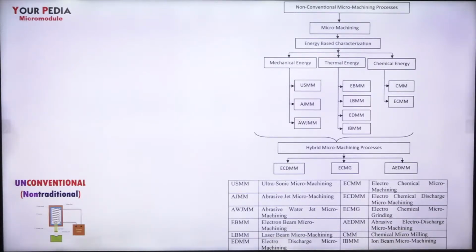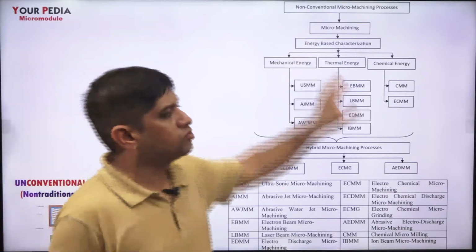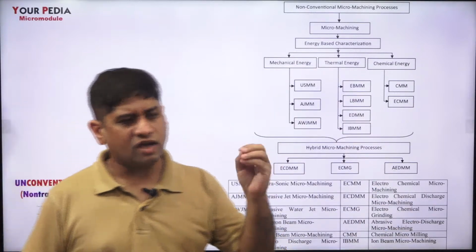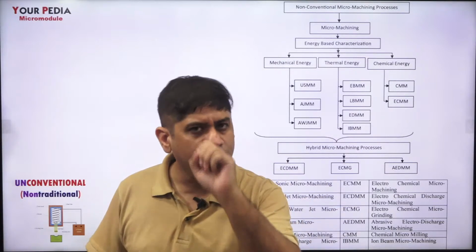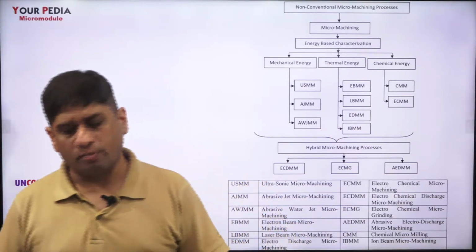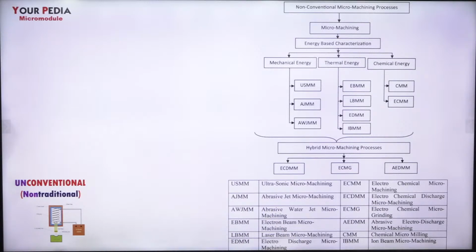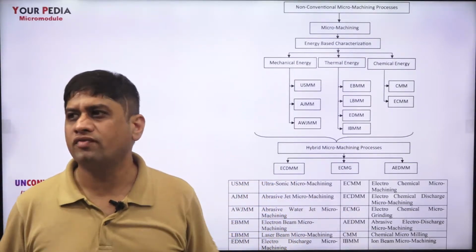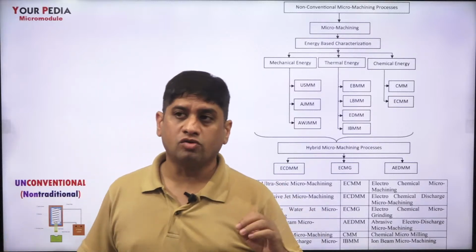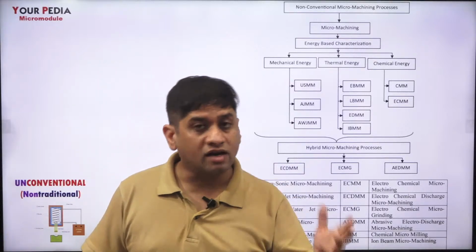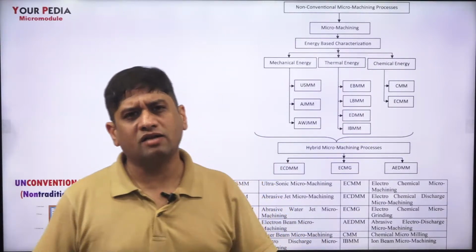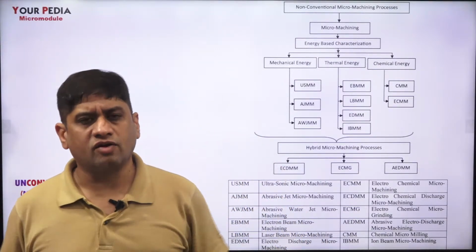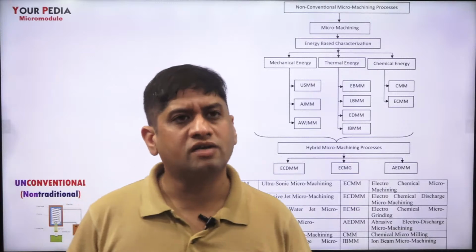But in non-traditional machining, the material removal rate is not that high, and these processes are used for very micro machining operations. That means material removal is very little, and the cutting done is of very small size. Think of laser beam machining, think of wire cut EDM. Very small material is removed, not the material removal rate we see in traditional machining processes.